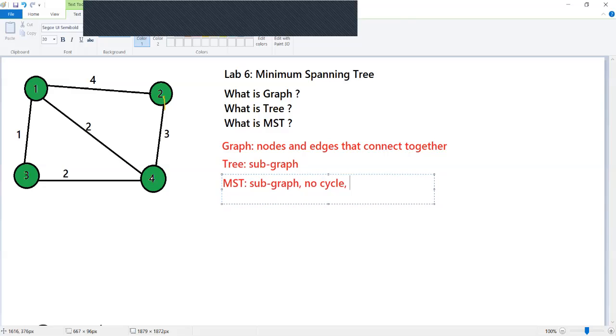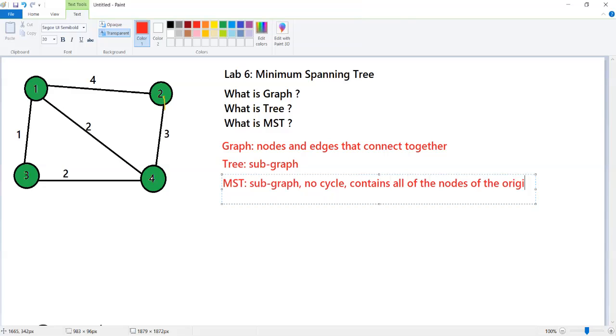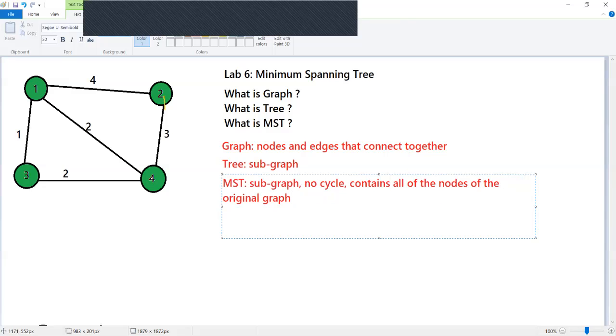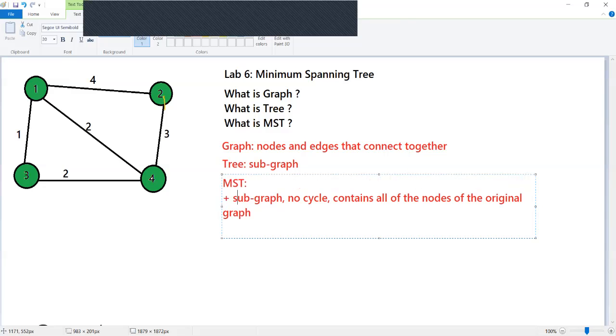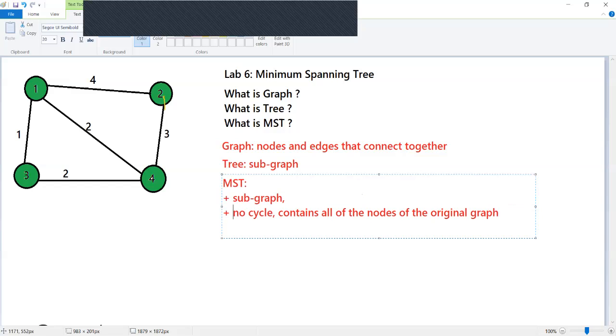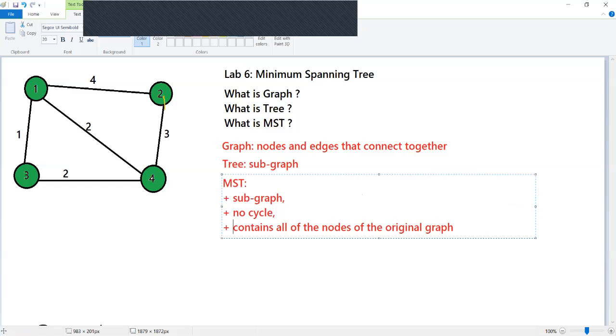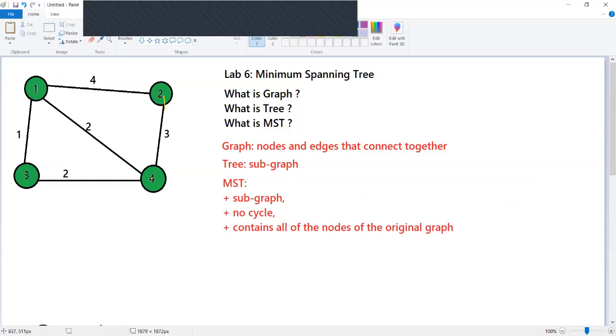And the last one is that it has to contain all of the nodes of the original graph. So three conditions: a subgraph, no cycle, and the third condition is that it contains all the nodes in the original graph. So the MST needs to satisfy these three conditions.